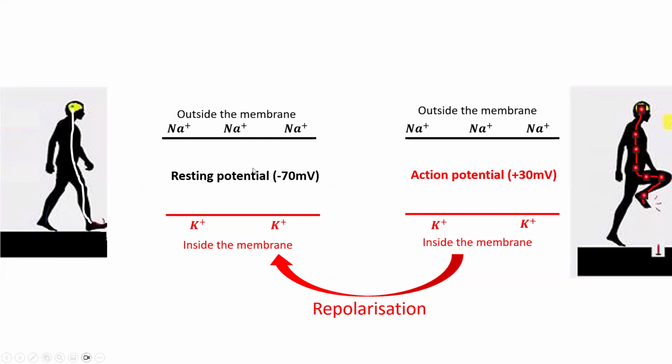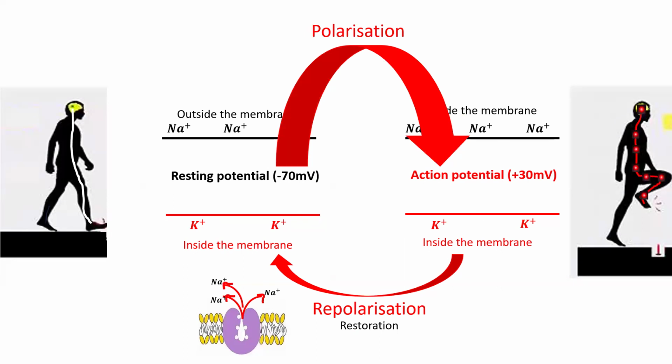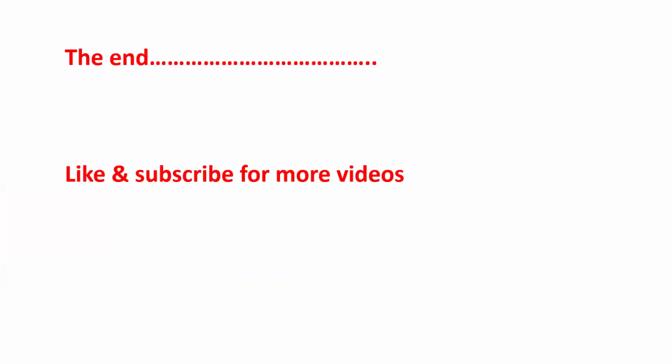Sodium potassium pumps will open again and move the additional sodium ions outside, and the body comes back to a lower potential where it is unable to convey any message to your brain. So this is a cycle of polarization and depolarization in the presence or absence of a particular stimulus, which you define as the state of resting and action potential. So this was the end of your topic.